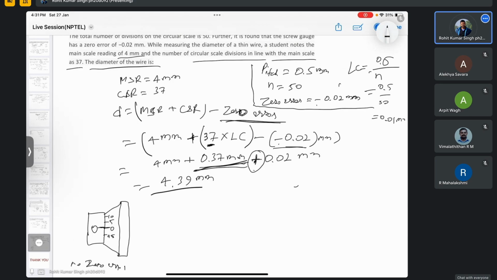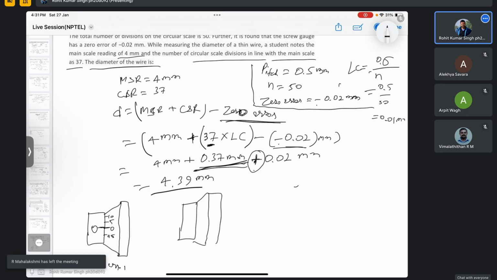Now if there is a scenario like this, and the circular scale reading, the 0 of the circular scale is here, and then you have 5, 10, 45.